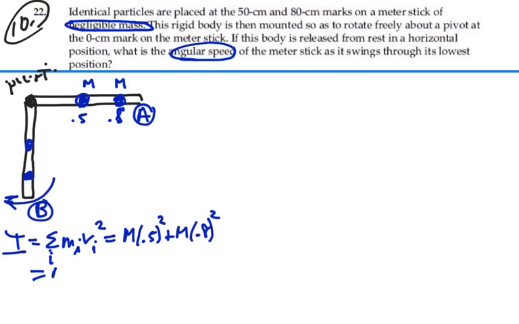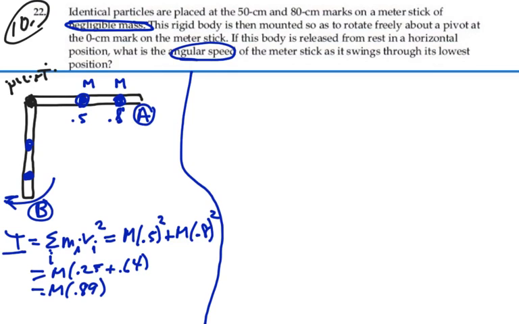So this is going to be equal to m times 0.25 plus 0.64, which would be m times 0.89. We're going to have to express the moment of inertia in terms of m because they didn't give us m. Hopefully m is going to cancel out somewhere. We'll have to keep that hope.